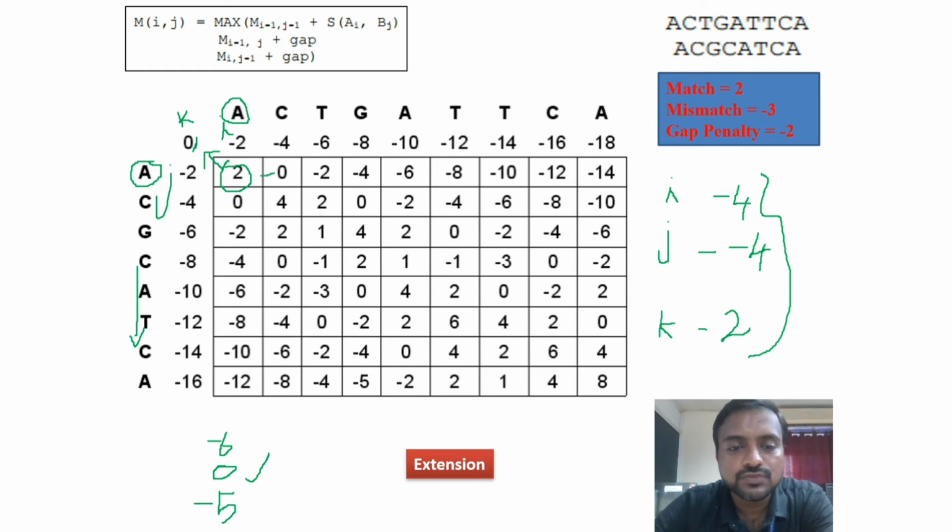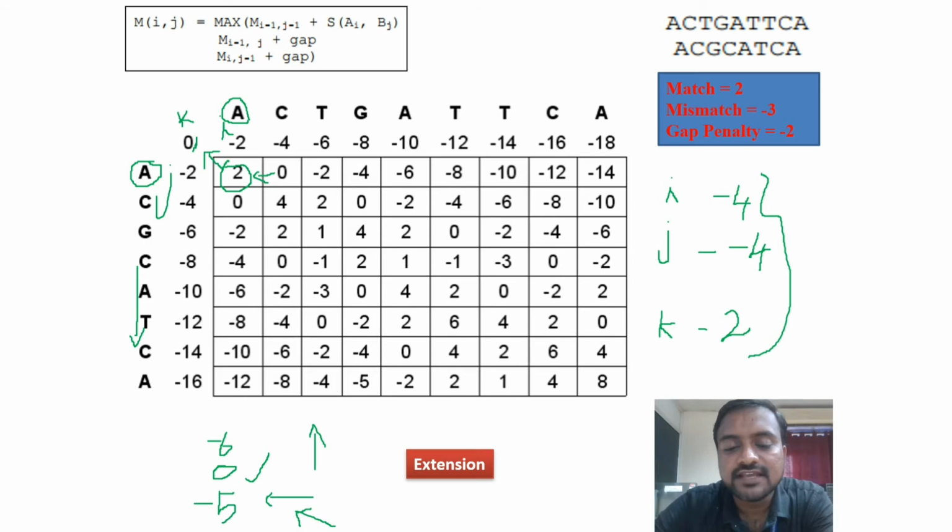This 0 was contributed by J. This is how you will be filling this entire matrix by using the scoring scheme and applying the Needleman-Wunsch algorithm that is listed here on top of this slide. So you will be getting three different types of arrow marks: an arrow pointing upwards, an arrow pointing left side, and the third one, an arrow that is a diagonal.